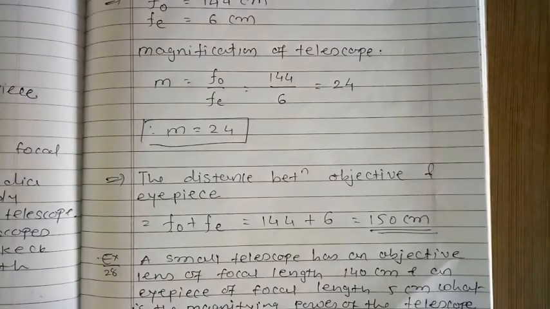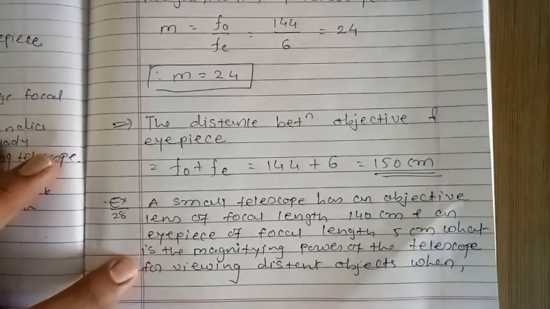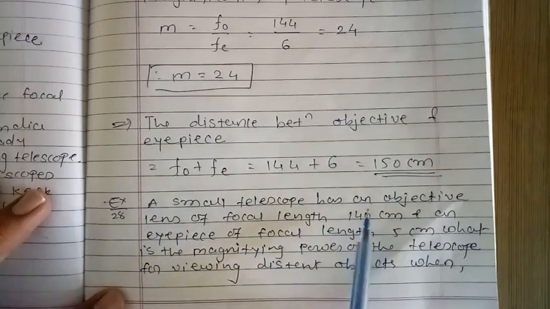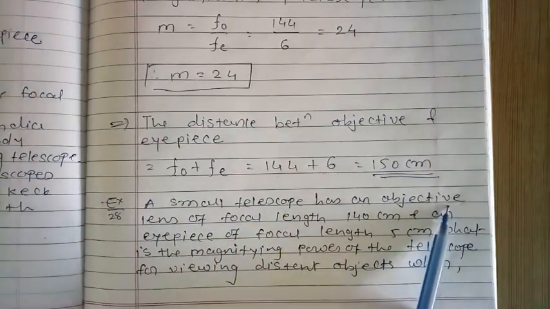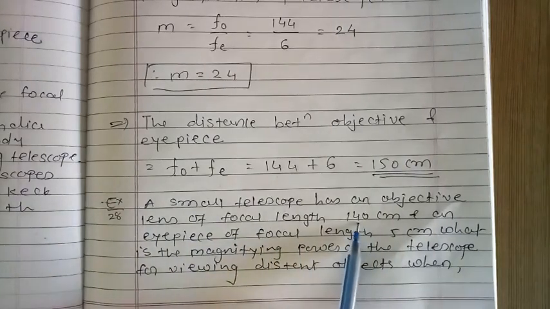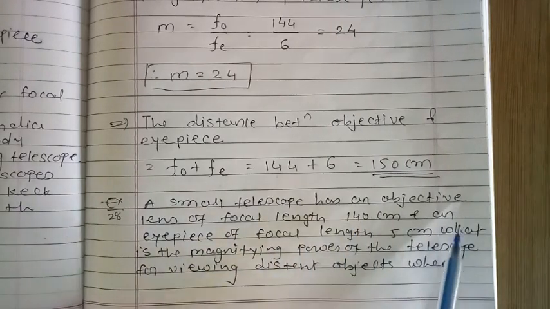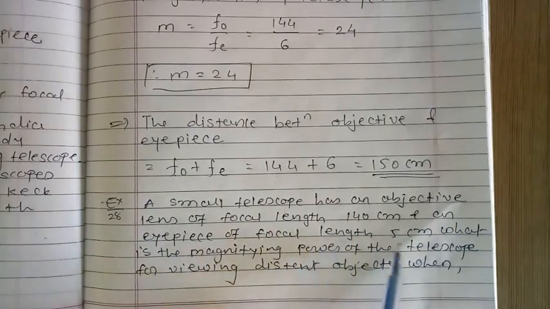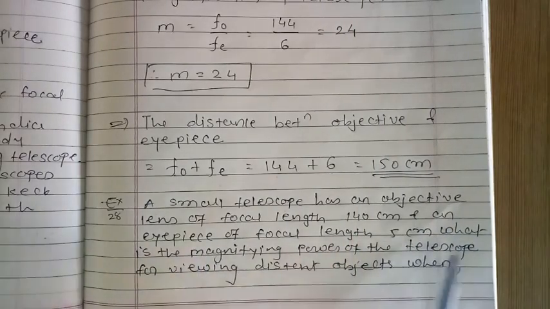Now, the next example is example number 28. A small telescope has an objective lens of focal length 140 cm and an eyepiece of focal length 5 cm.